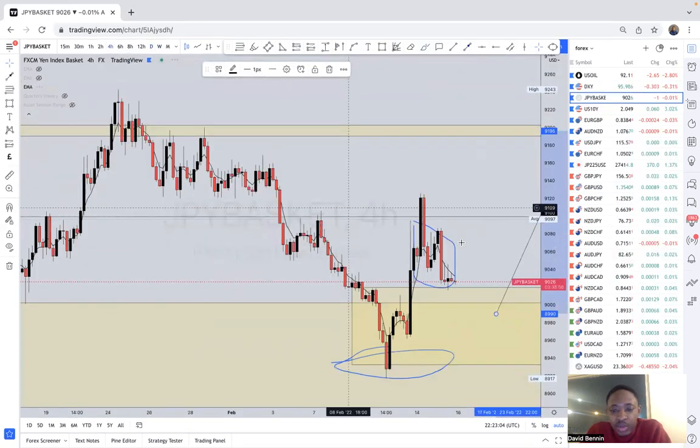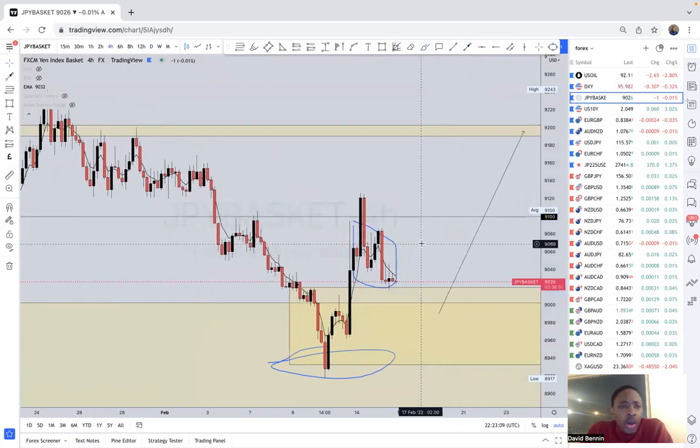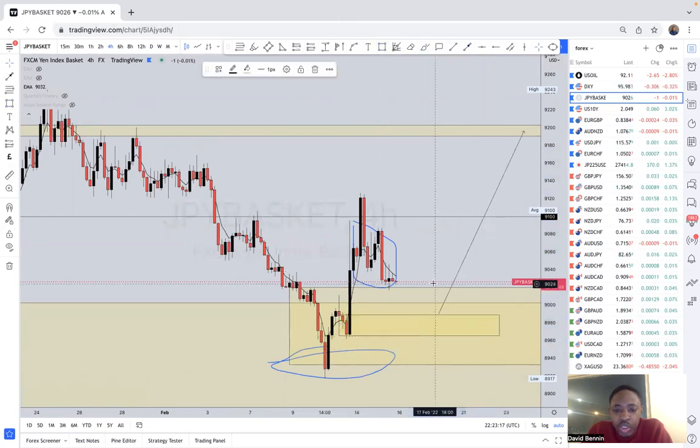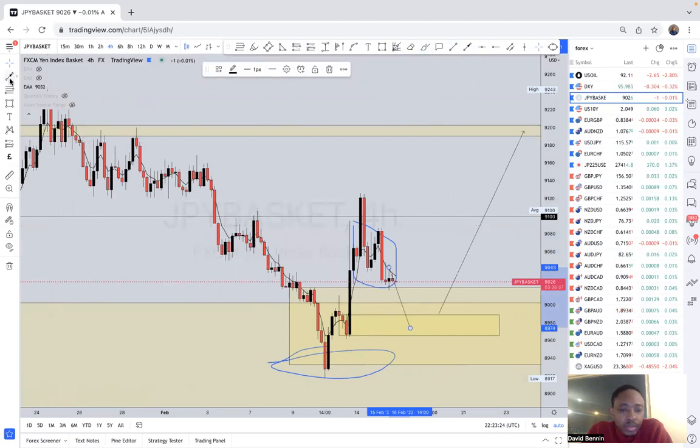But let's look at what we see on the 4-hour time frame. So on the 4-hour time frame, this is what I'll be looking at. Just like the way we're expecting a drop on DXY, we want to see a push down and a push up. Something of this sort.